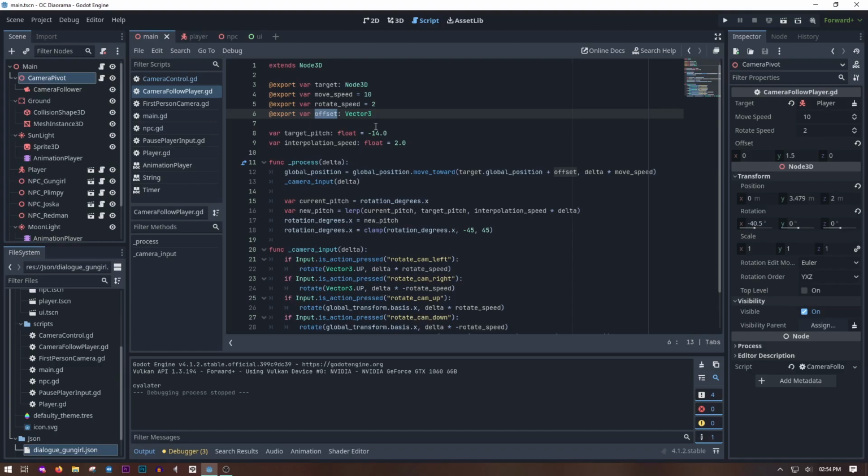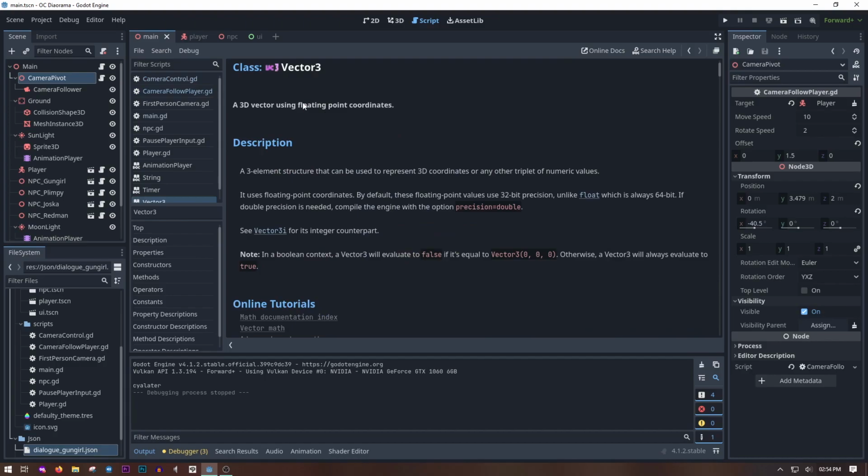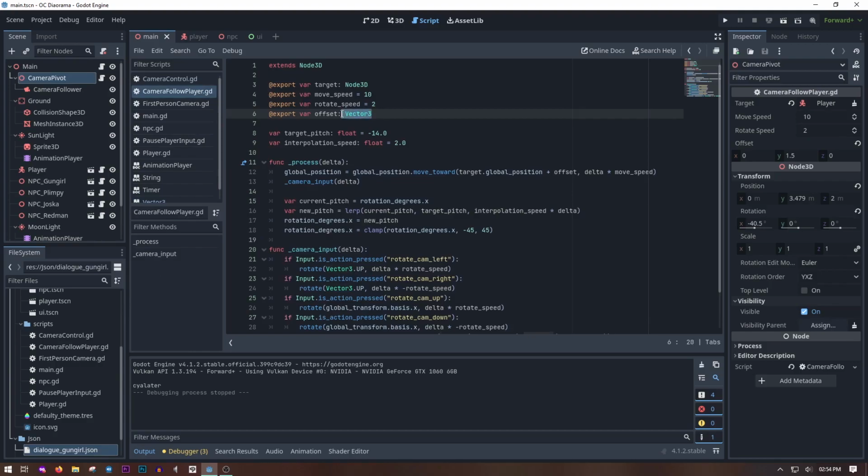So this is going to be the challenging part to explain. So a variable offset being a Vector3, which is floating point coordinates, like 0, 0, 0. So it's a bunch of coordinates in a 3D space. So offset, a bunch of coordinates.